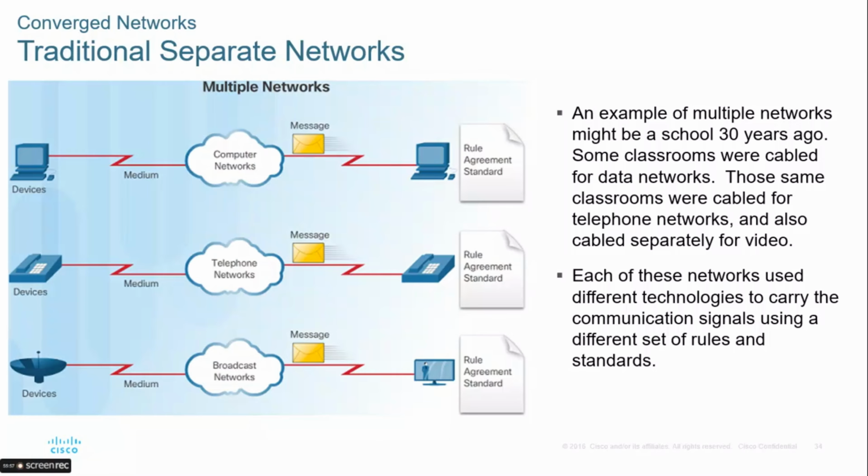In ancient times we used to have old switching techniques, but right now we've got modern switching techniques like packet switching. You can see here these computer networks, telephone networks, broadcast networks. So things have evolved.